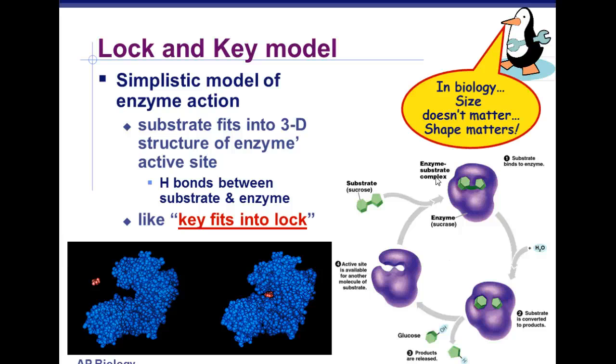Question: what kind of a reaction is this? If you said hydrolysis or catabolic, you'd be correct. If that's true, then somewhere in this diagram we should see a water molecule of some kind being added to this reaction, right? Well, here it is. Here's the water molecule right here. Now, in step 2, the substrate is converted into product, which in this case are fructose, which is acting like a Bronsted-Lowry acid.